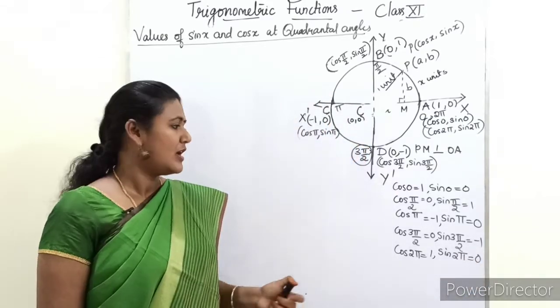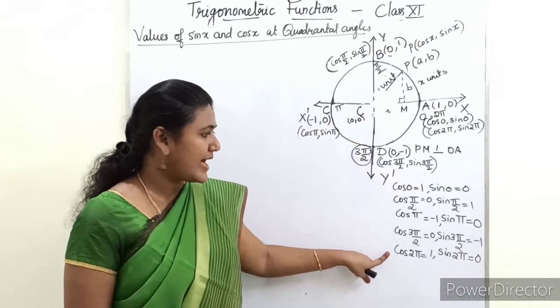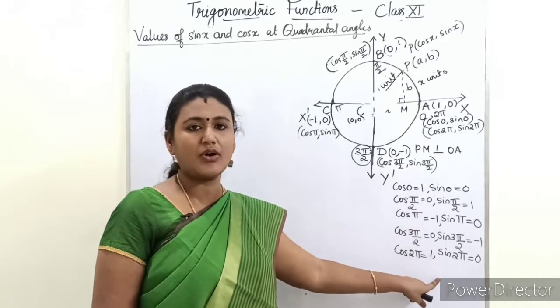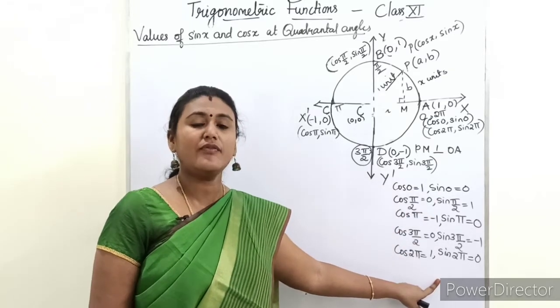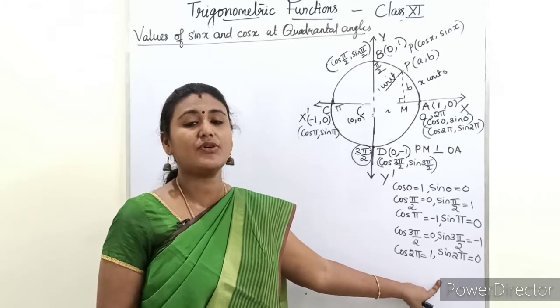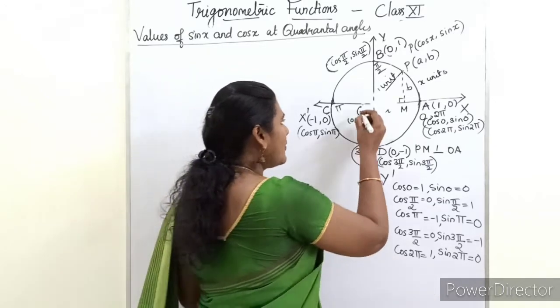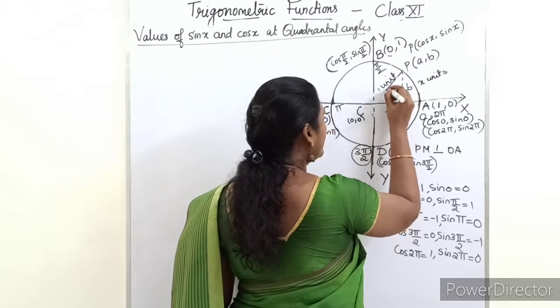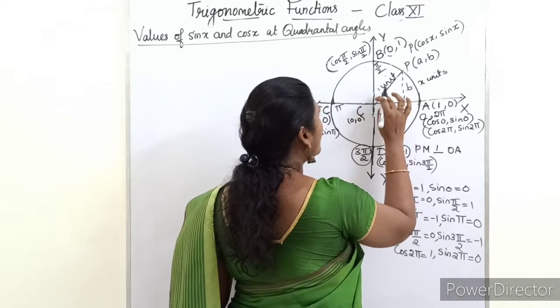Okay, so now we have got all the sin and cos values on the quadrantal angles. Now we are going to see the values of sin and cos on negative quadrantal angles. For that we will consider the point P moving in the clockwise direction.